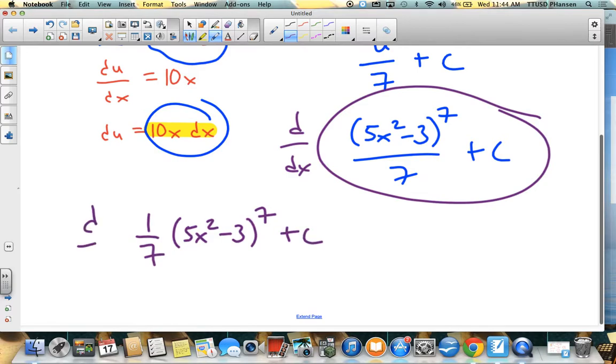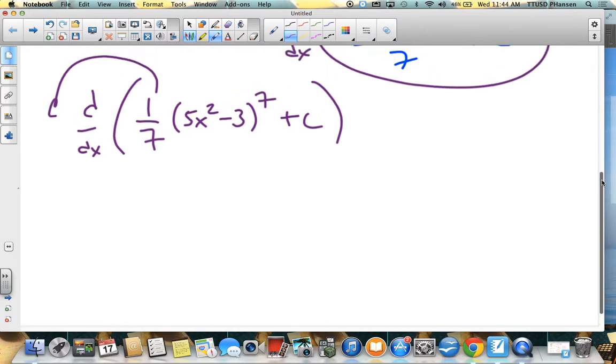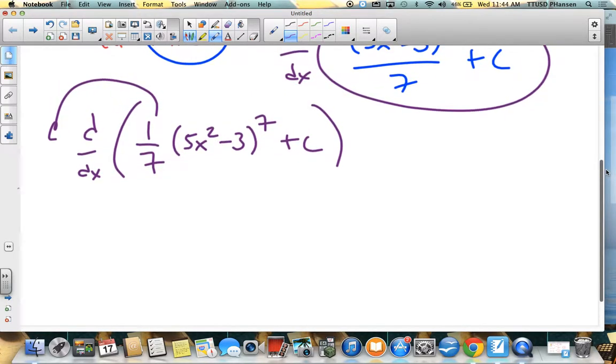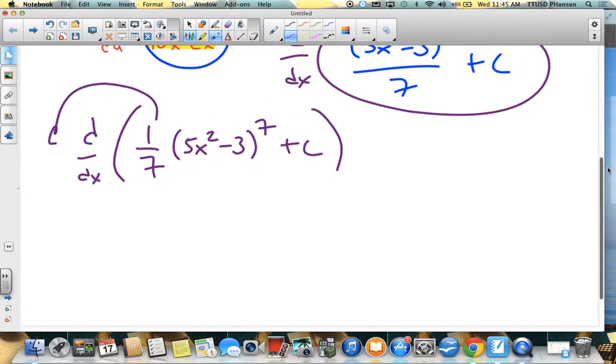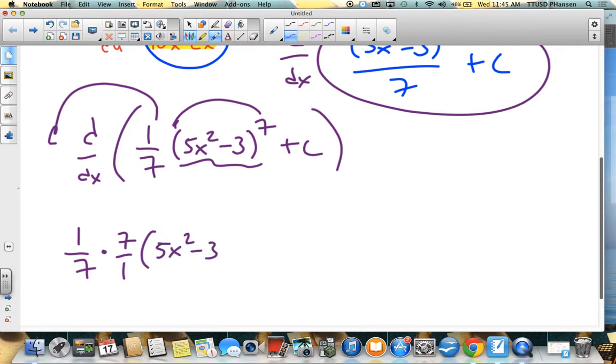And I'm taking the derivative of all that. I just wanted to bring the 1/7 outside, or I could even have written it out there, right? I don't have to take the derivative of 1/7 at all. It's a scalar multiple. So I've got 1/7, and now if I'm taking the derivative of that part, my first thing is to multiply by 7, so times 7 over 1, and then what's inside the parentheses is chain rule.